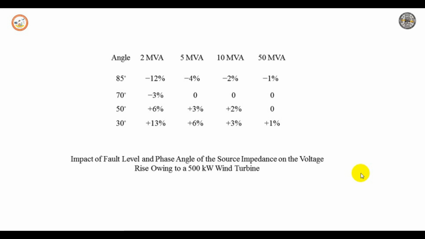From this table we can conclude that if the phase angle is less and the MVA is more, then you can reduce the source impedance rise towards a 500 kVA wind turbine. So the fault level can be reduced with a combination of minimum angle and maximum MVA.